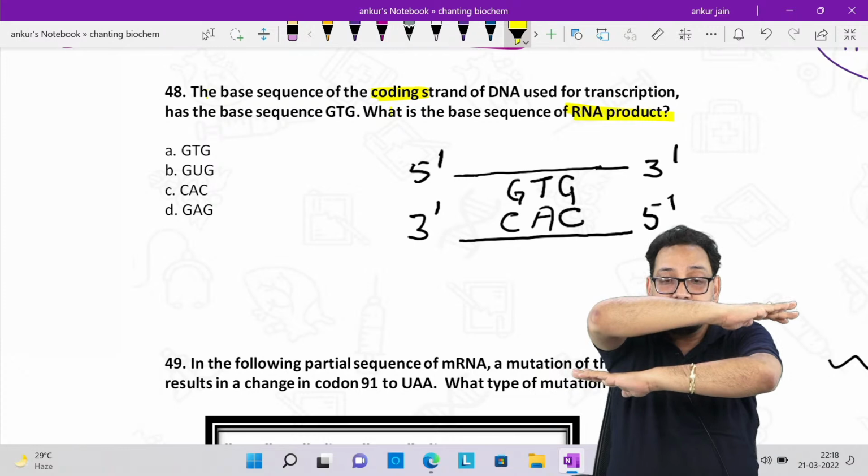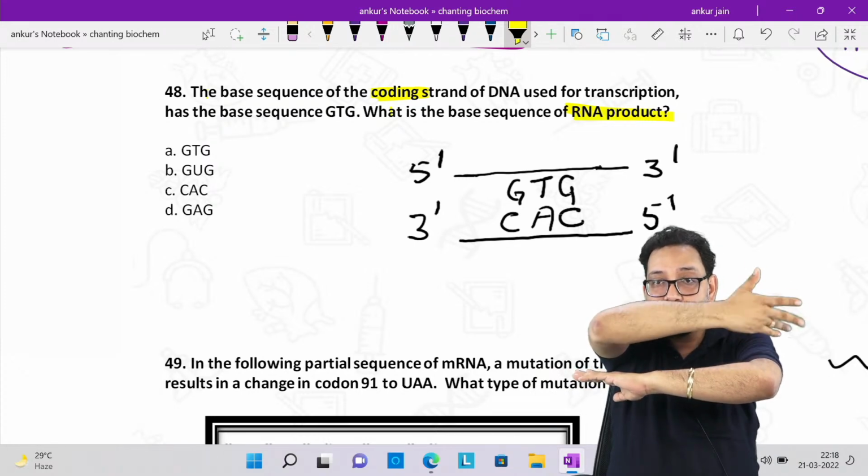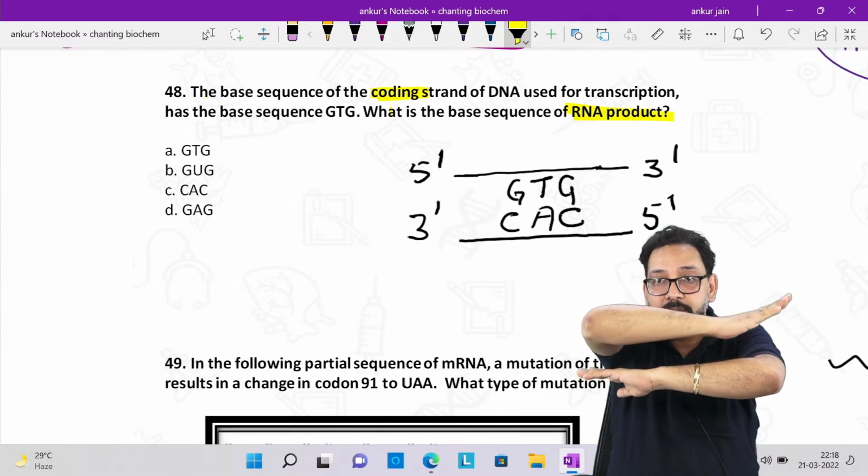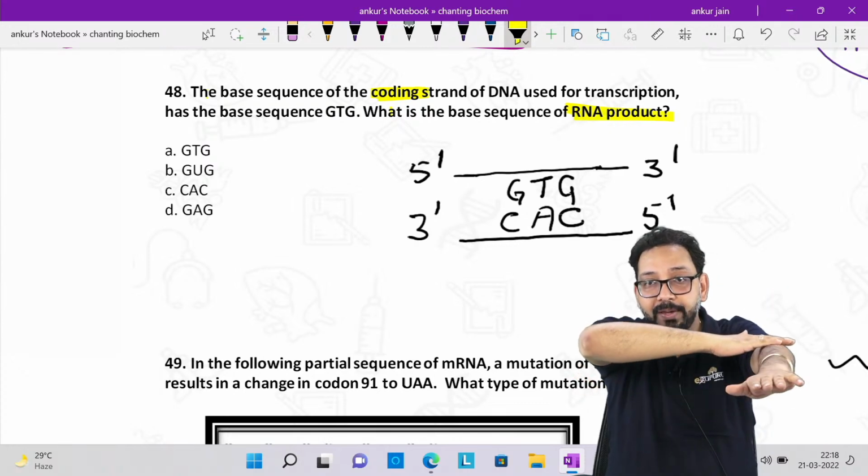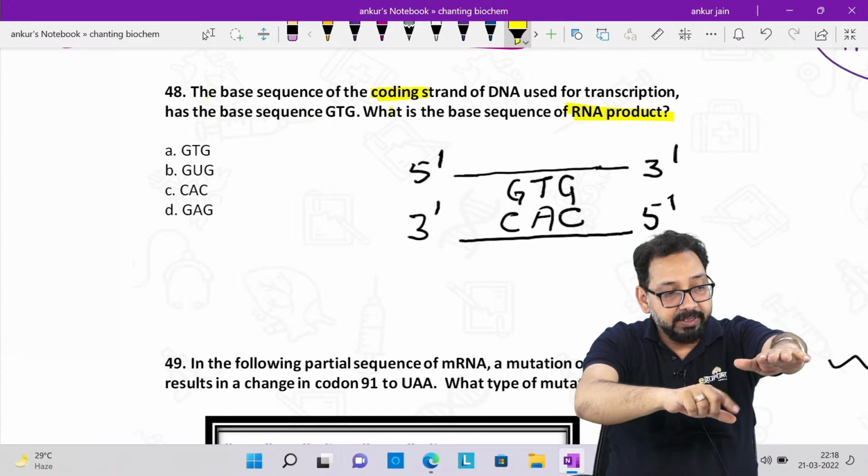This coding strand has information. It ordered the template strand, go and make messenger RNA just like me.